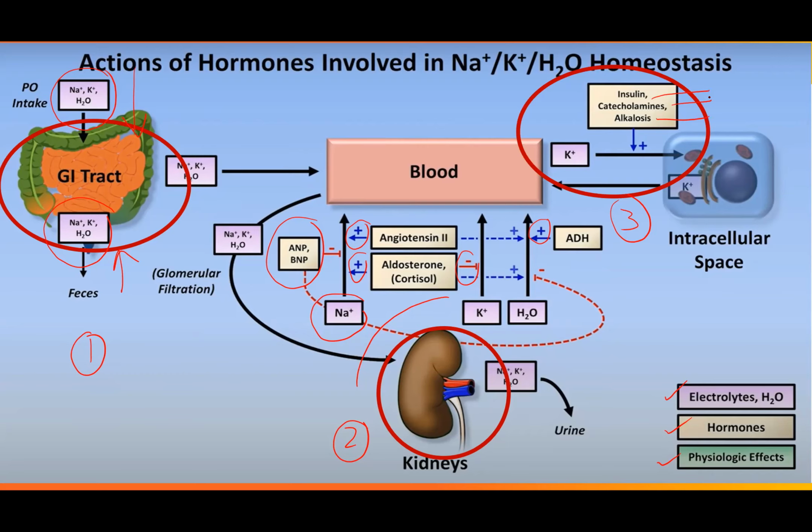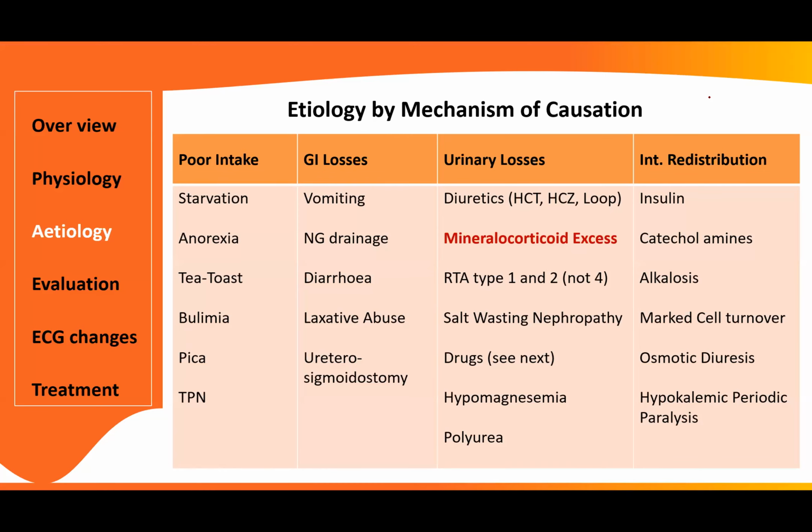This is a slide which shows the etiopathogenesis of hypokalemia. Let us write it down in tabular form. So the mechanisms are GI, which includes poor intake and GI losses together, then renal losses, and internal redistribution, the transcellular potassium problems.